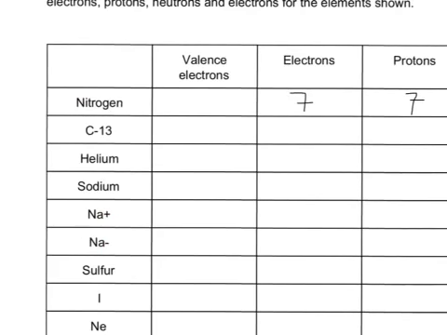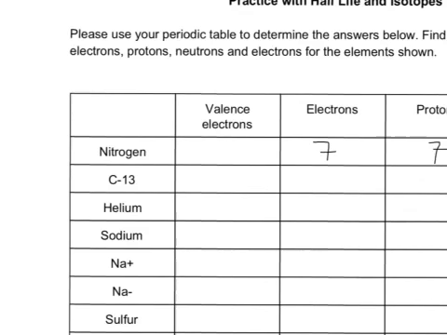Now, for the number of valence electrons, you have to look at the periodic table, and nitrogen is in row 2, so we're counting from the left. From the left, we have lithium, then beryllium, then boron, then carbon, and then nitrogen. So we went 5 in from the left: 1, 2, 3, 4, 5.